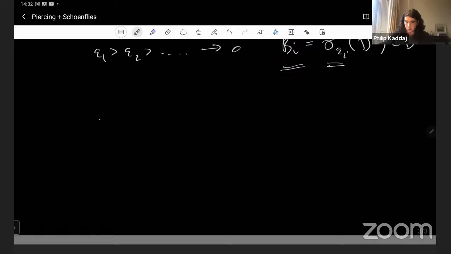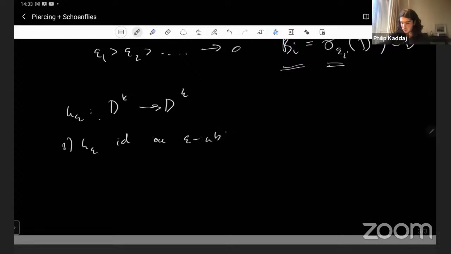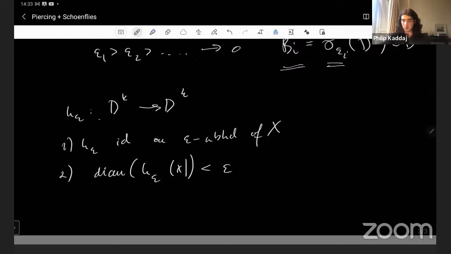Now, from this it follows that we have maps from the disk to itself, H epsilon, which are the identity on an epsilon neighborhood of X, and that squeeze so the diameter of the image is less than epsilon.